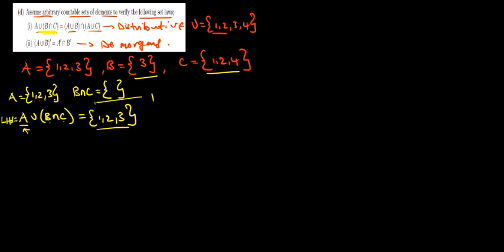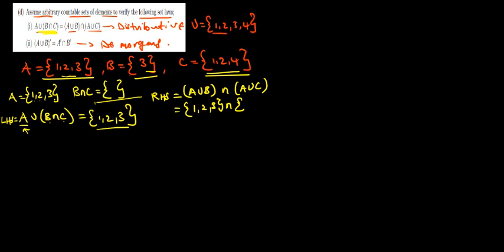So what about the right hand side? We have A union B, intersection A union C. Let's find A union B: combining elements of A and B, it's just 1, 2, and 3. Then intersection. Let's find A union C. This is our A and this is our C, so the union is 1, 2, 3, and 4.